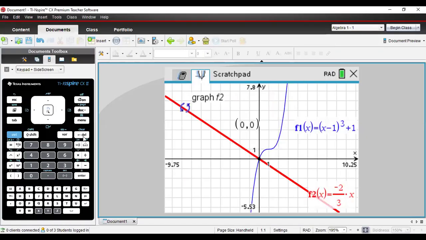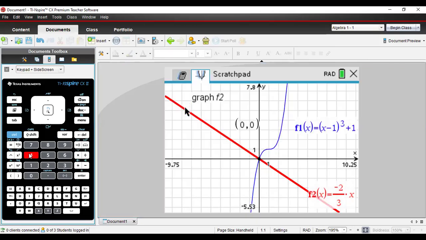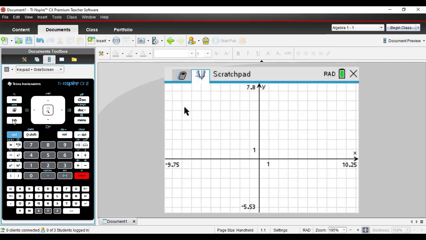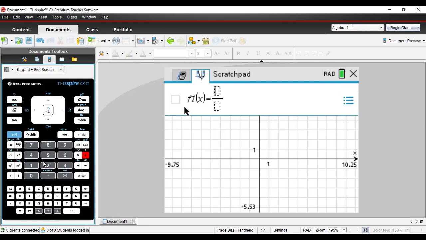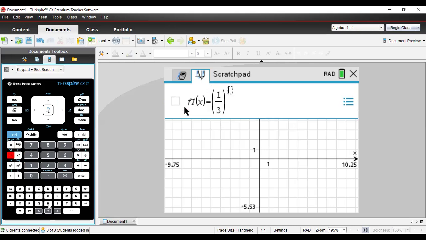So we're going to go menu 14, get rid of that, and then press tab. I'm going to do control divide for a fraction, so I'm going to go 1/3, and then I'm going to raise it to the x power, and then do +3.